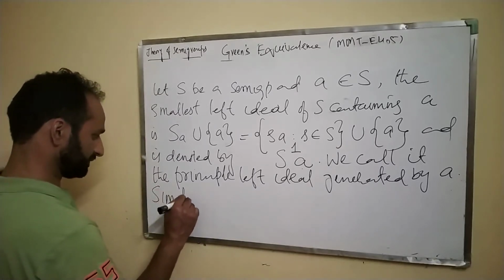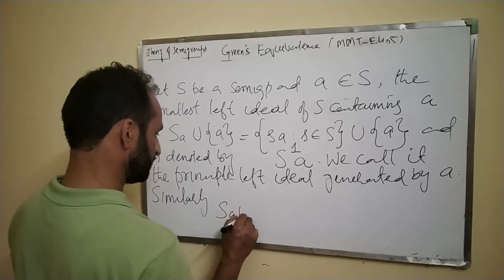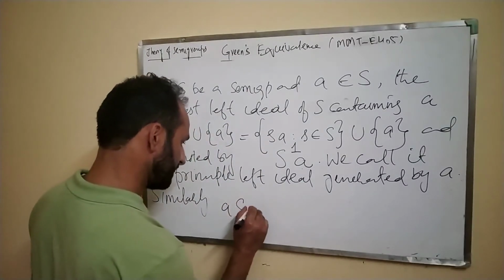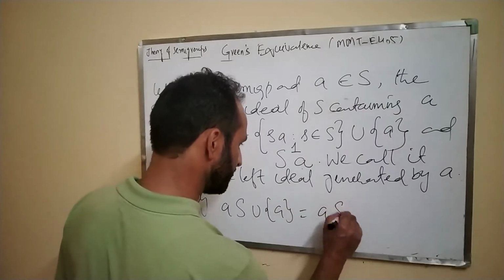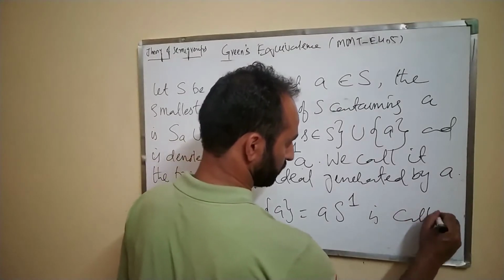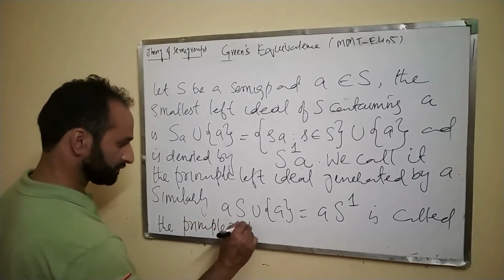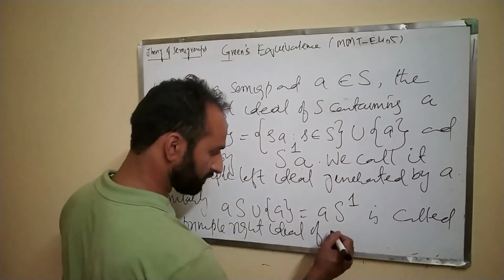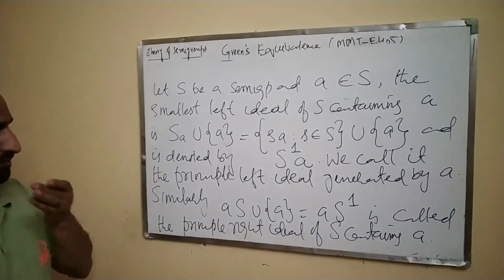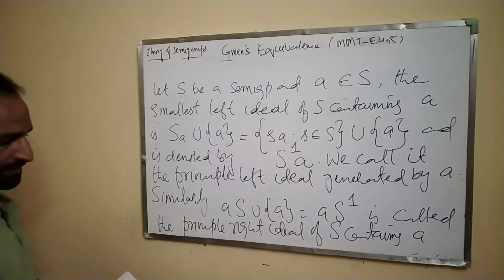Similarly, it's not SA, it will be AS union A, which we denote by AS1, is called the principal right ideal of S containing A. So it's the smallest right ideal containing A. That we call the principal right ideal of S containing A.